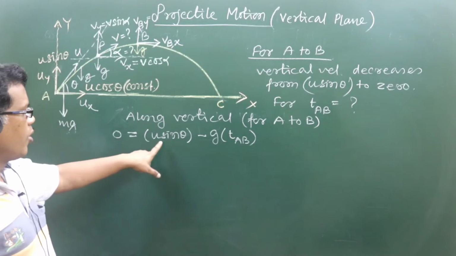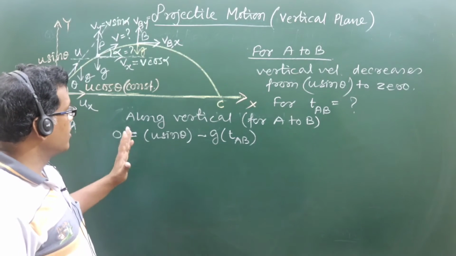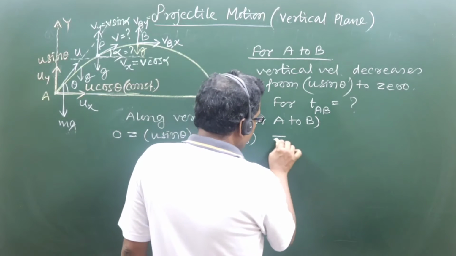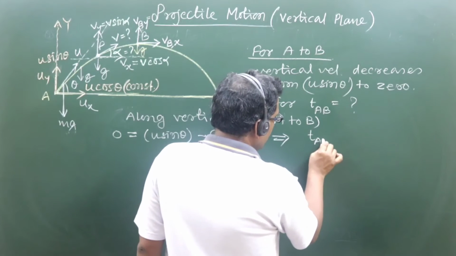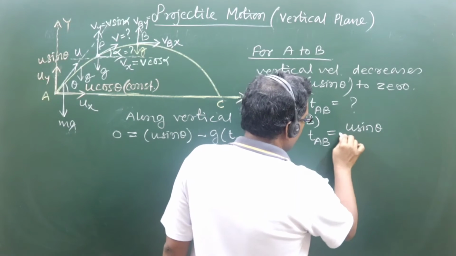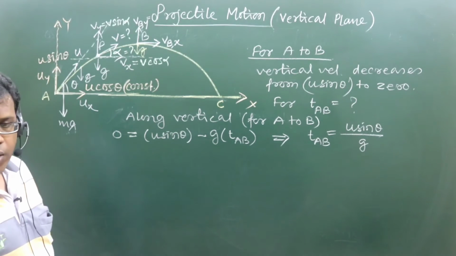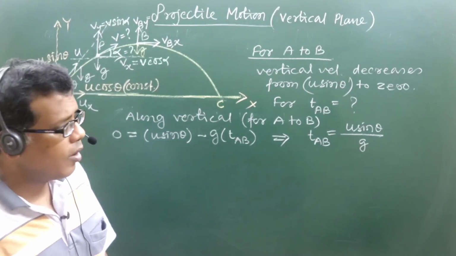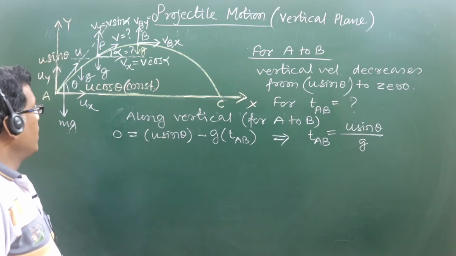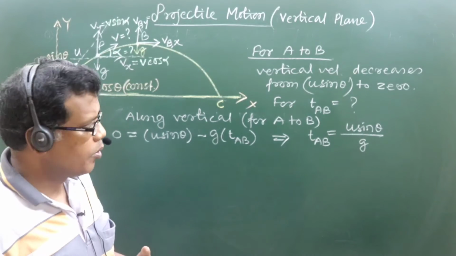Final velocity equals initial minus gt, v equals u plus at, with minus g because taking upward positive, downward will be negative. From this equation, TAB will be equal to u sin theta by g. The time taken to travel from A to B is u sin theta by g, which is called half of the time of flight in general cases, but not every time. It is half of the time of flight in normal cases, subject to the condition.